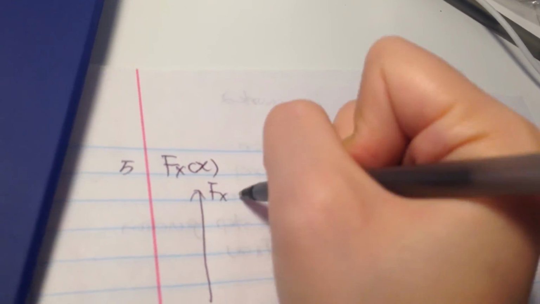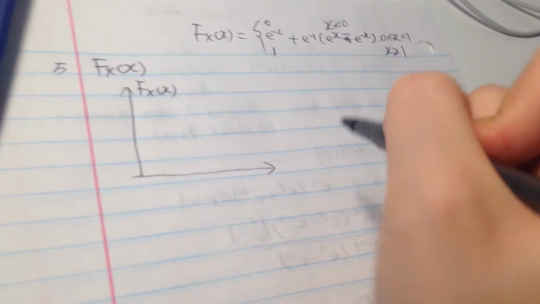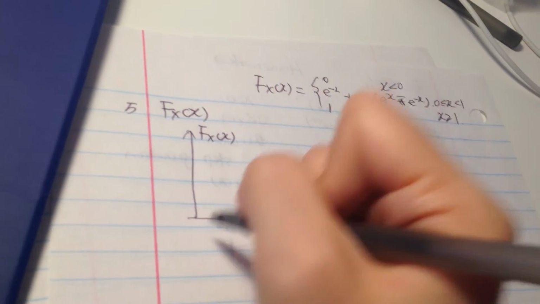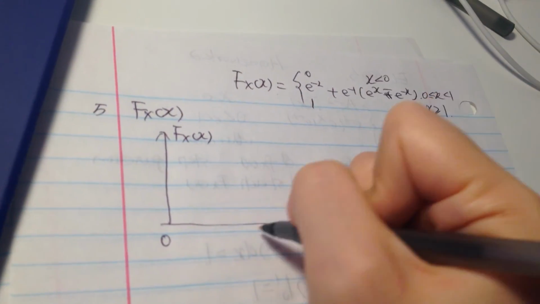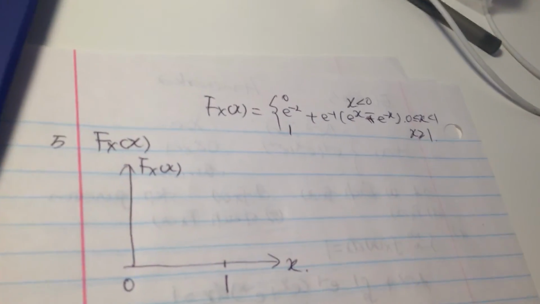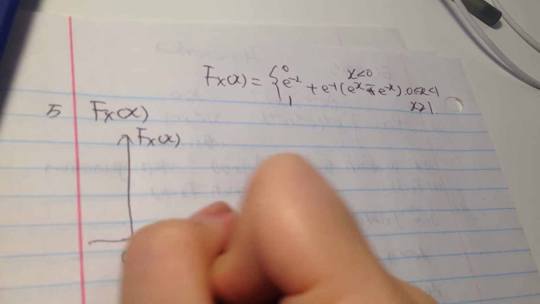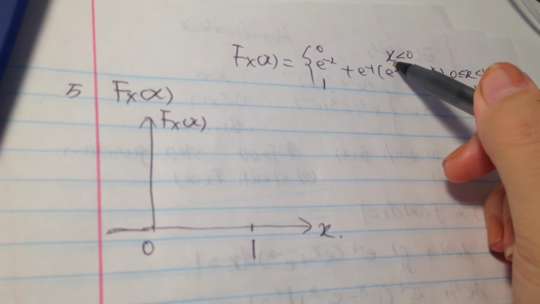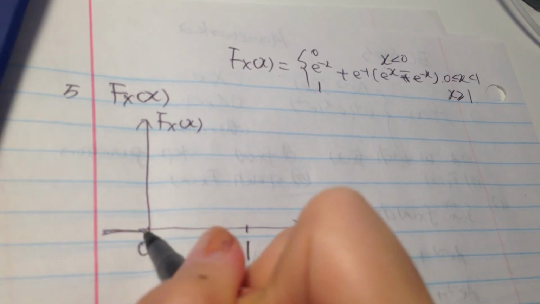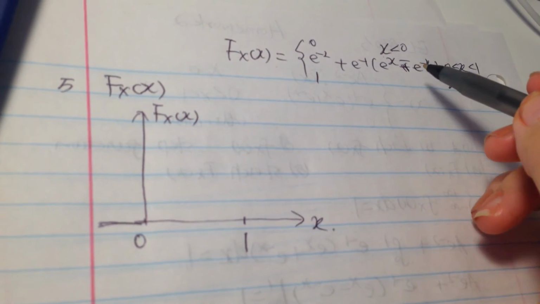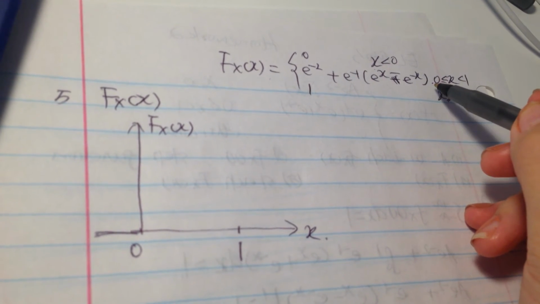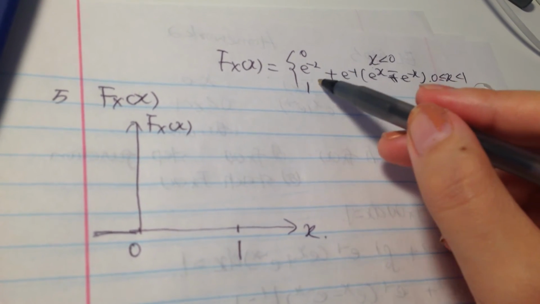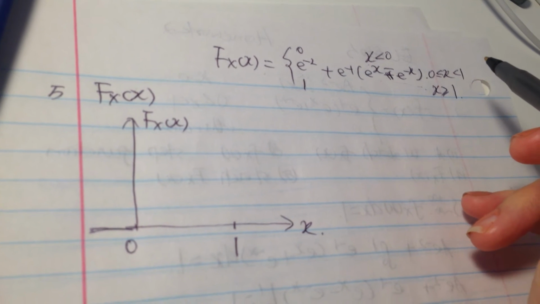Here is F(x). Here is x. So when x is smaller than 0, it's 0. When x is in the range from 0 to 1, I'm gonna draw this part.